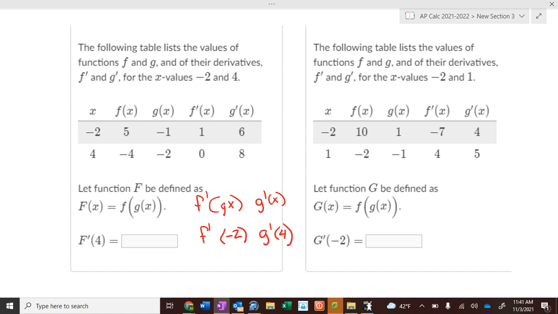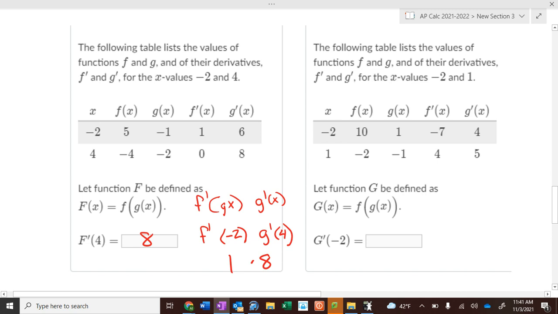So we have to take that first derivative at negative 2, but then for the outside part, that still pertains to 4. So first derivative of f at negative 2 is right there, 1. The first derivative of g at 4 is 8. 1 times 8, we get 8.